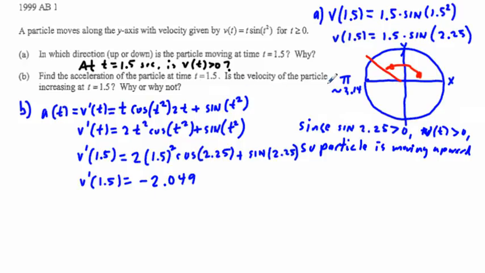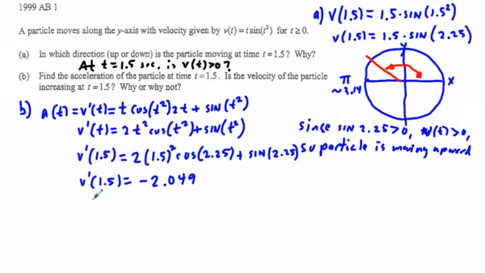Then the question is, is the velocity of the particle increasing at t equals 1.5? Well, what's happening is the velocity of the particle is decreasing because acceleration is the first derivative of velocity.